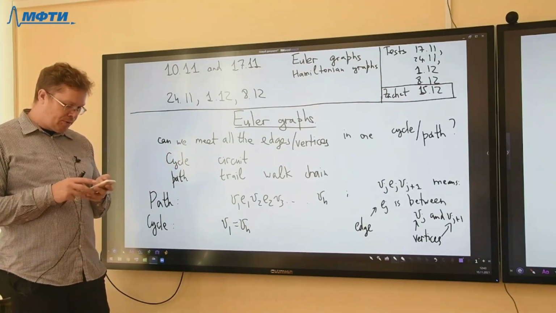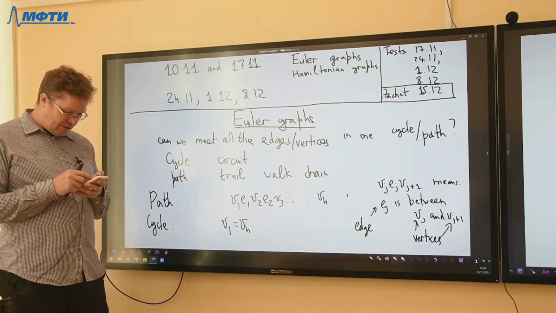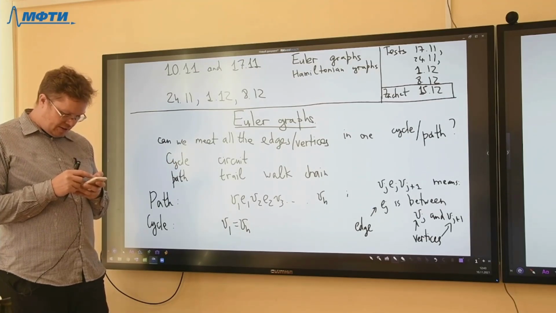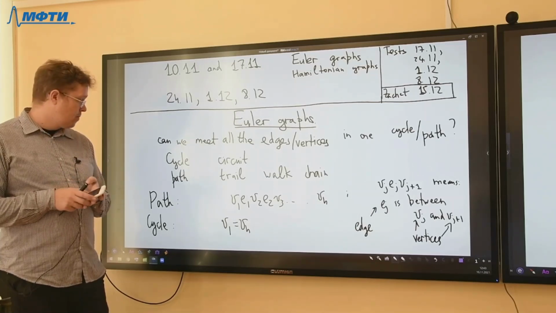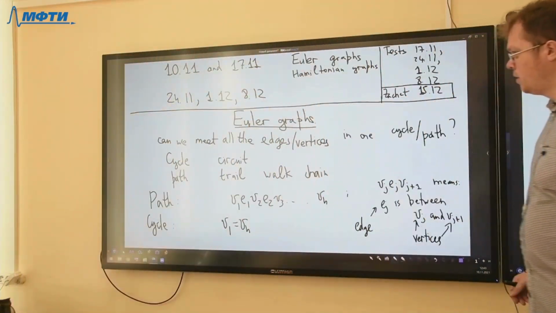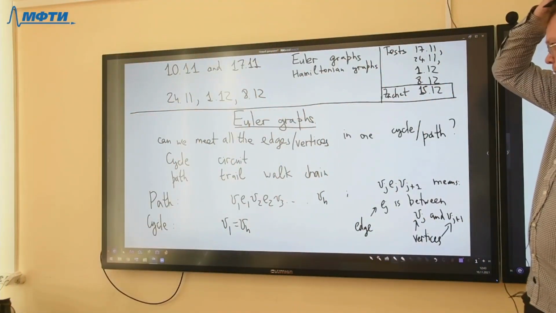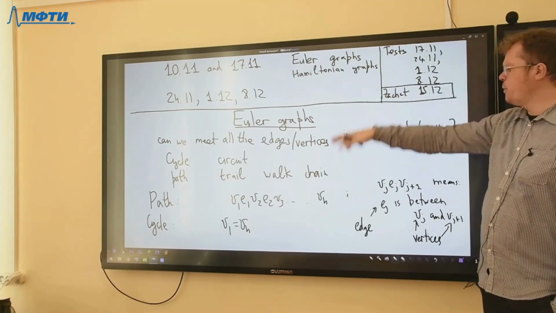Do you remember the definition in the first part of the course? A path doesn't have repeated vertices, and a cycle is just a closed path. Do you have specific words for a cycle with no repeating edges, or with no repeating vertices?